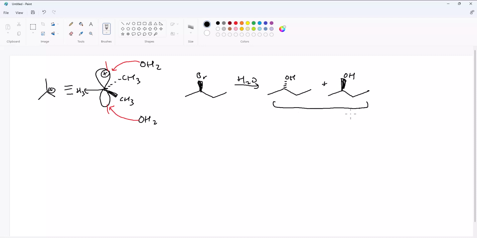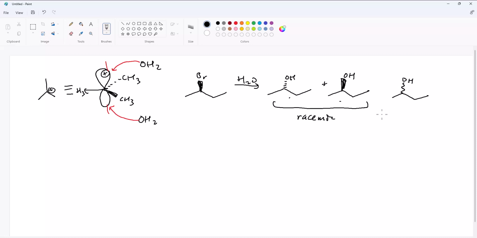This type of mixture is a racemic mixture, meaning the enantiomers are mixed together. We see that these are two enantiomers. We see that these are inverted, and one way of writing the fact that there's a racemic mixture of two enantiomers, we can draw that stereocenter with a squiggly line.